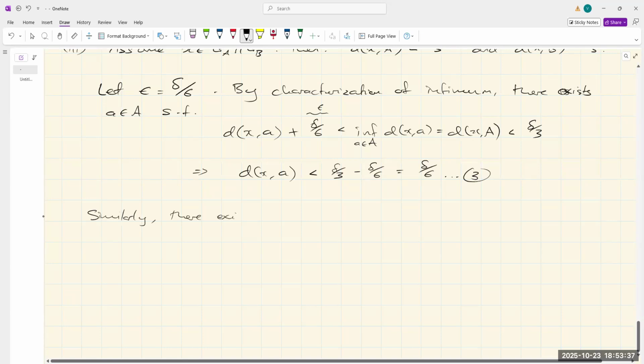In a similar way, there exists an element b in B such that, you could do the same thing, but just use element b in B. You could take the same epsilon as delta over 6, such that the distance between x and b is also less than delta over 6.